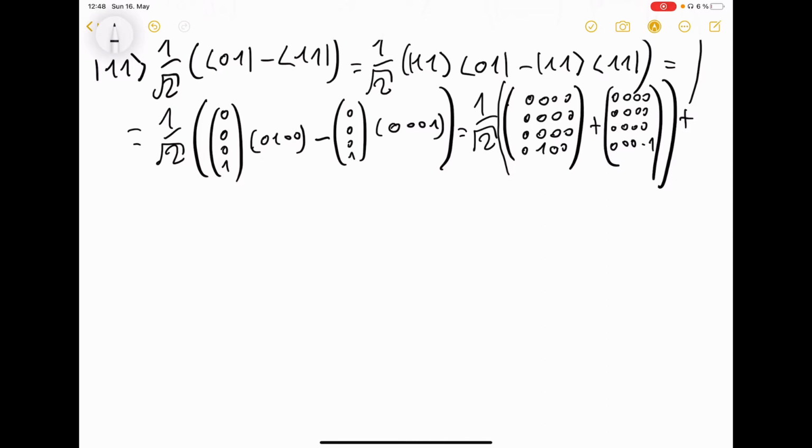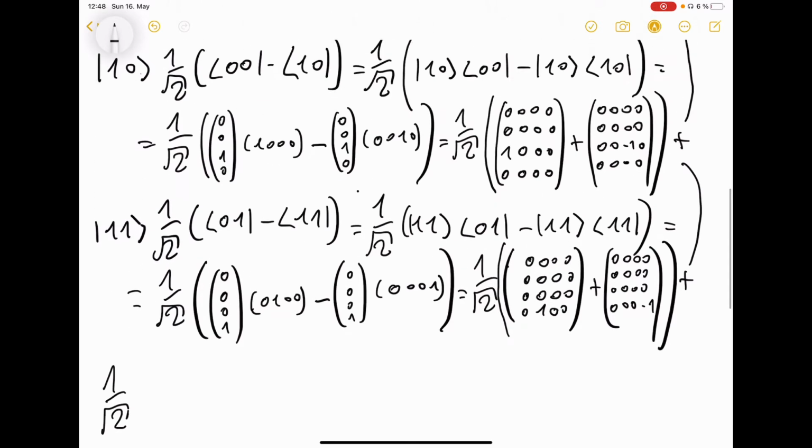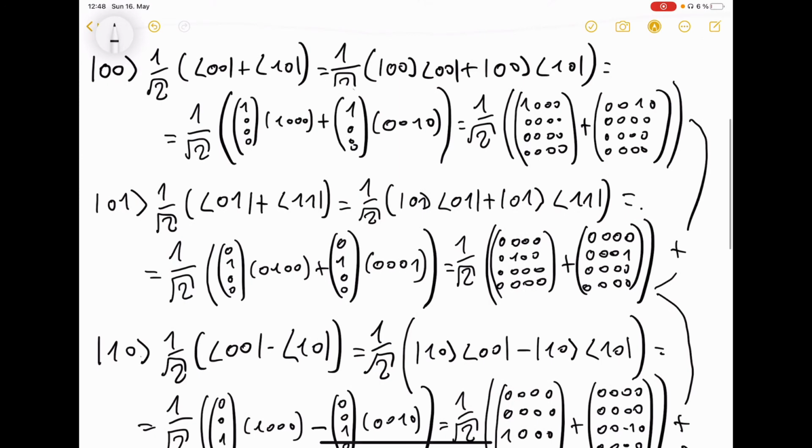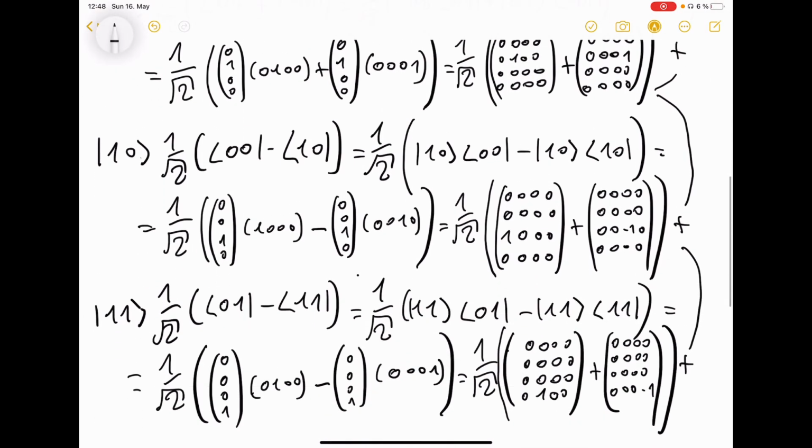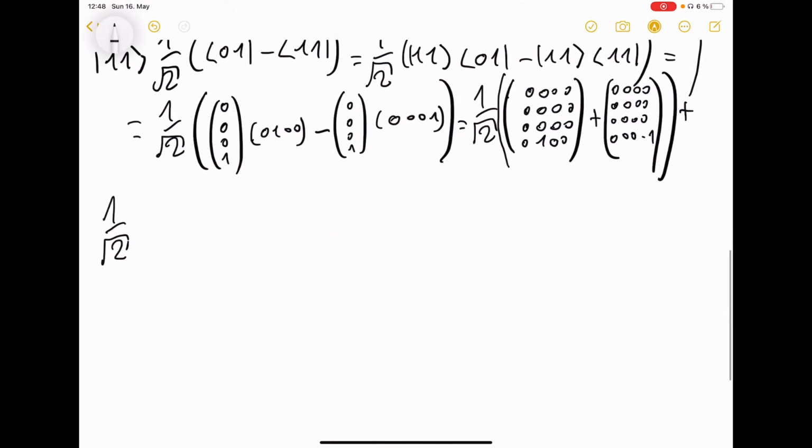So if we add that up, quickly look at that again. Okay, if we add that up, our final transformation will be 1, 0, 0, 1, 0, 0, 1, 0, 1, 1, 0, -1, 0, 0, 1, 0, -1.